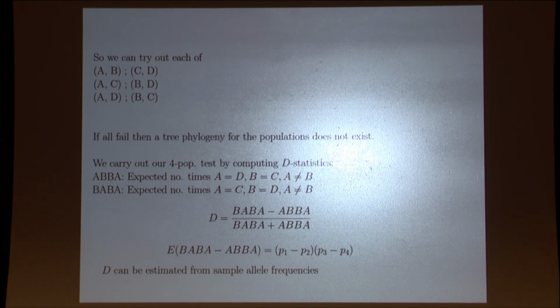And it's useful to put in this denominator. It turns out that we're computing an F4 statistic by computing an empirical mean of the number of BABA minus the number of ABBA events. And so we can estimate D from sample allele frequencies.